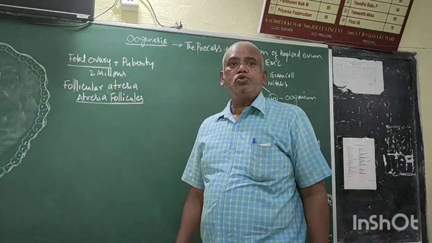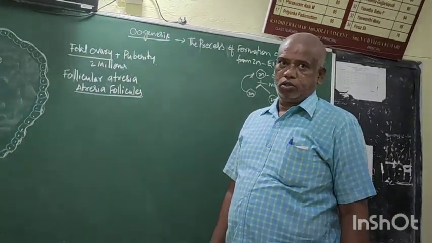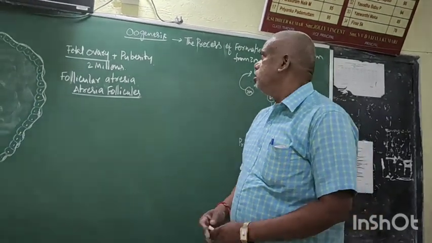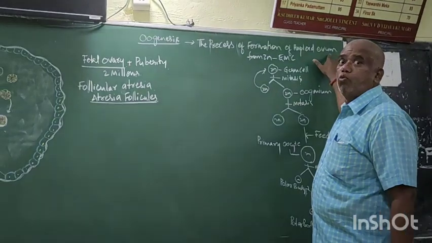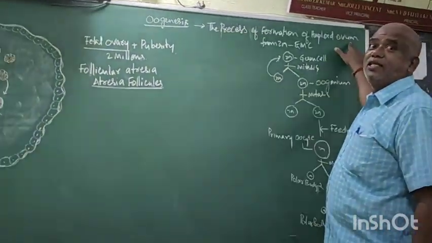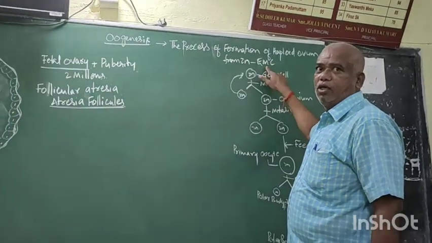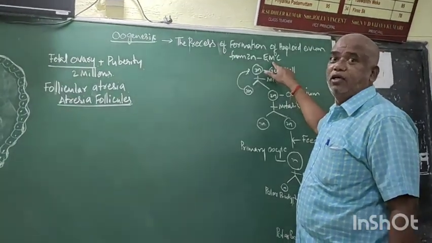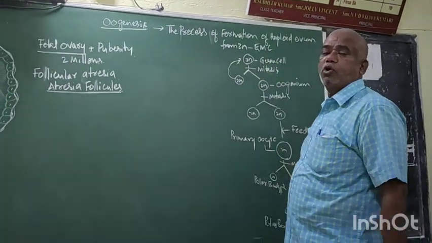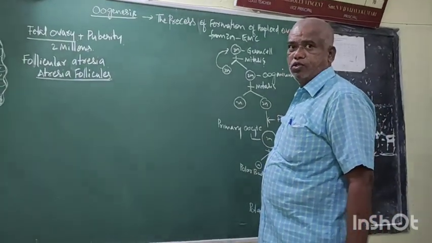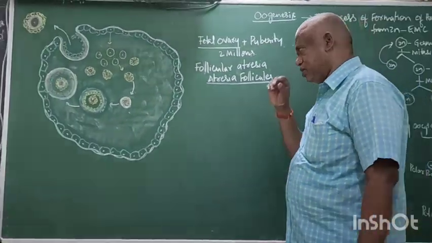The gametogenesis occurring in the female body is called oogenesis, the process of formation of the ovum, an unfertilized egg, from the diploid egg mother cell, EMC, which is nothing but the oogonium. This process is called oogenesis. How does oogenesis occur? Now, just listen.